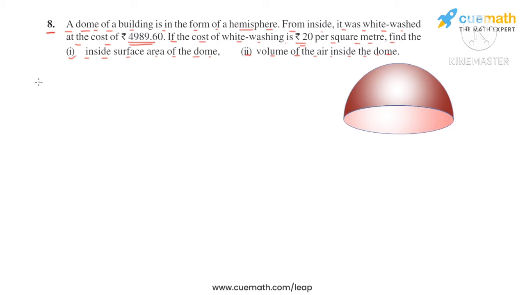So if it needs to be whitewashed from the inside, and we need to find the area, and the rate is given, then the total cost of whitewashing they have given is rupees 4989.60, and total cost is nothing but the area whitewashed, or inside surface area of the dome that needs to be whitewashed, multiplied by the rate, that is rupees 20.